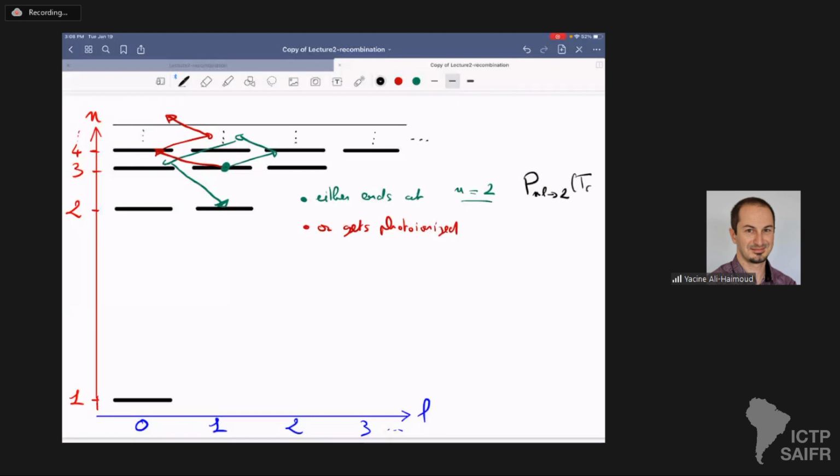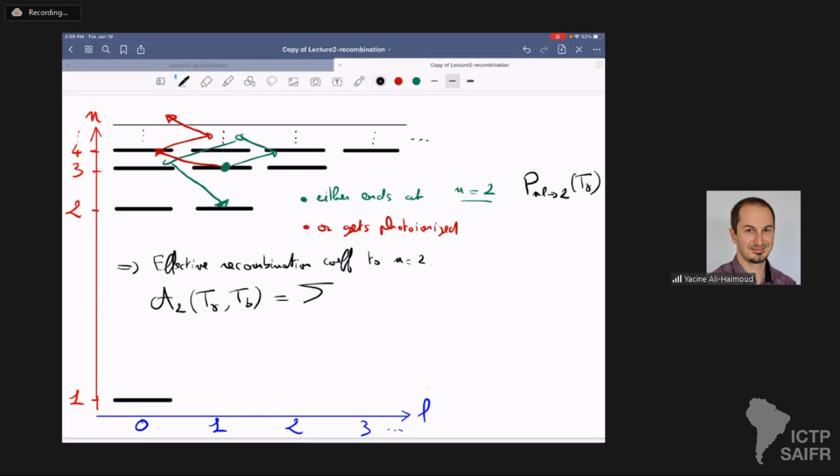This depends on the temperature of CMB photons, because all of these transitions are mediated by blackbody photons. And so from this, we can construct an effective recombination coefficient to n equal 2. This is something that myself and Chris Hirata described in 2010, if you want to read this paper, or you can read my thesis. You'll be the third person to read it.